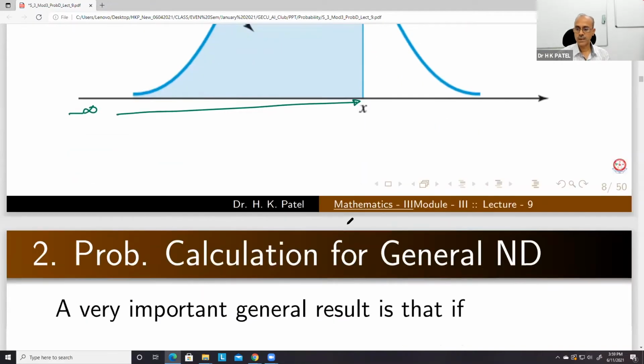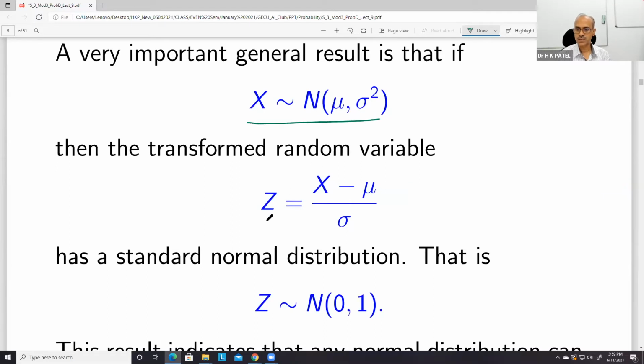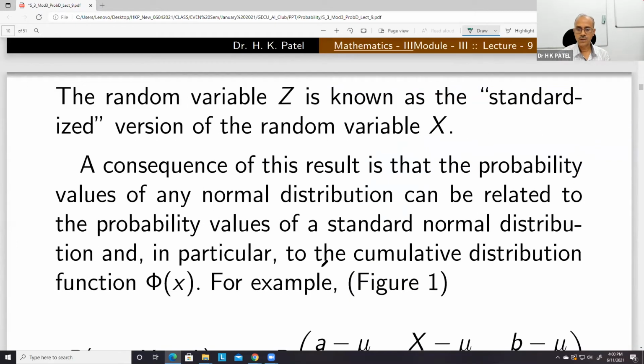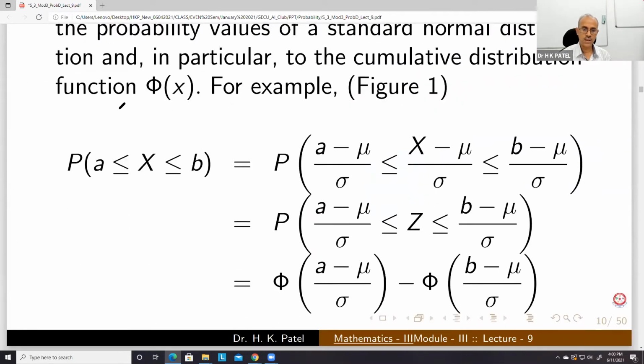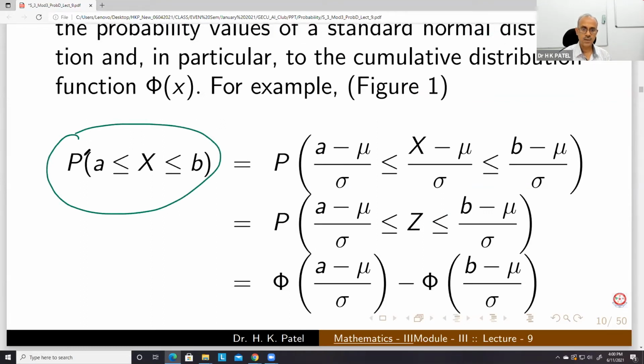So, probability calculation. We have just seen that if X is normal distribution and if you take Z equal to this, then Z becomes standard normal distribution with mean 0 and standard deviation 1. So what is our problem? Basically, our problem is to find this, that is the probability of random variable X lying between a and b.